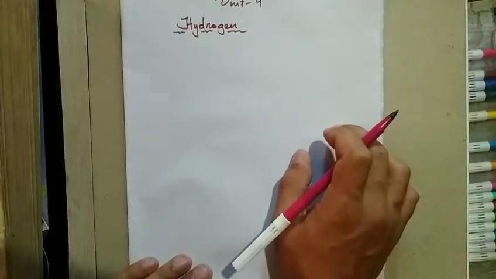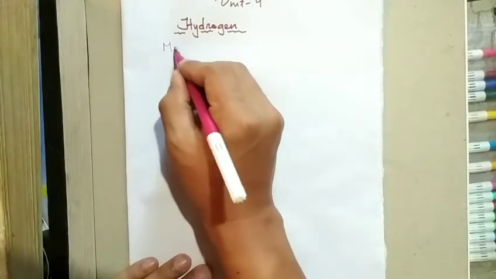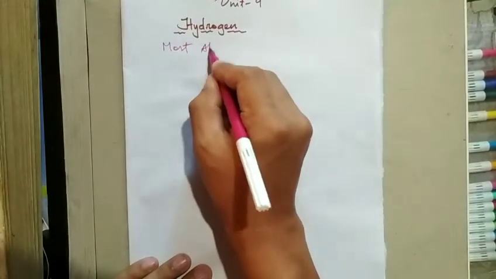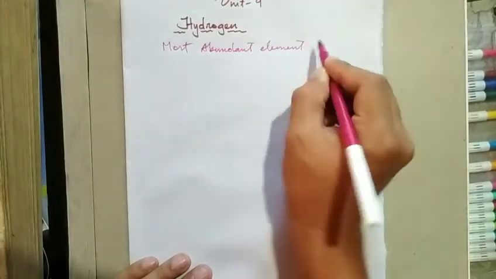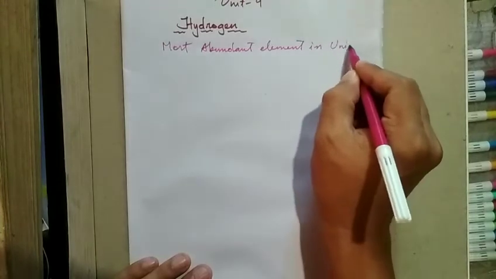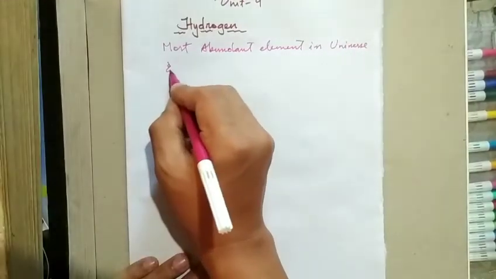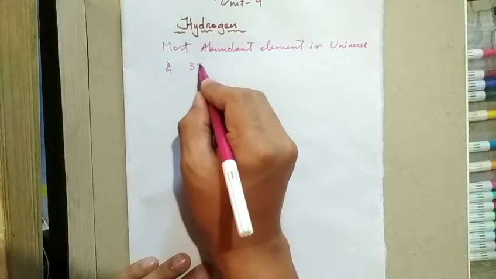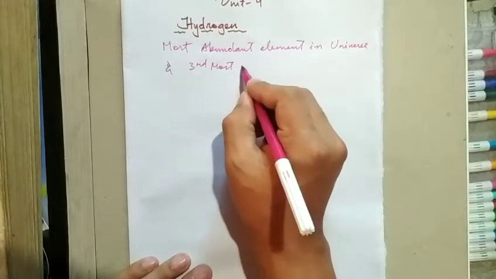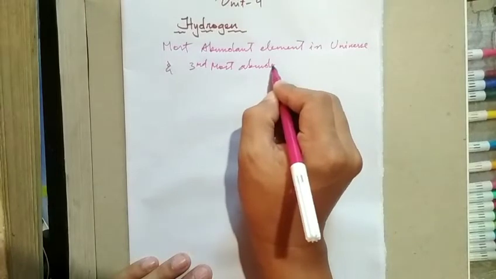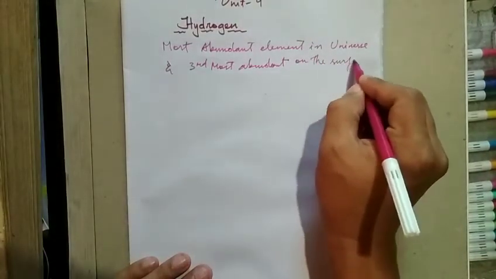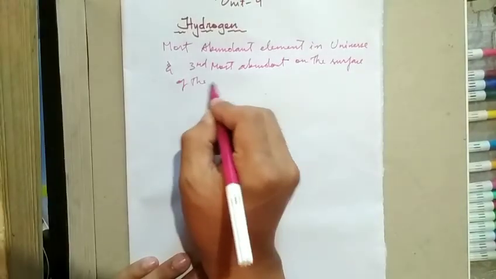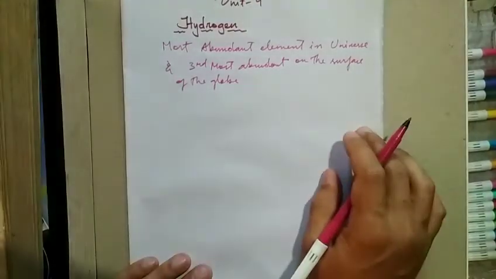Hydrogen is the most abundant element in the universe, and the third most abundant on earth.